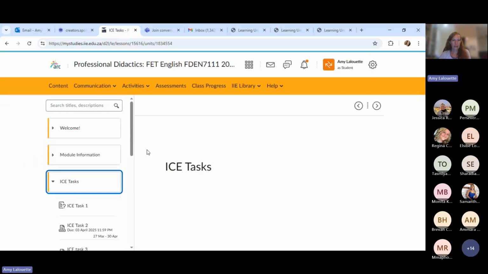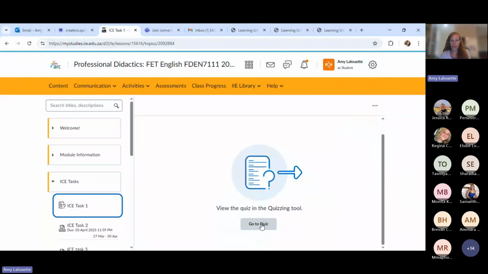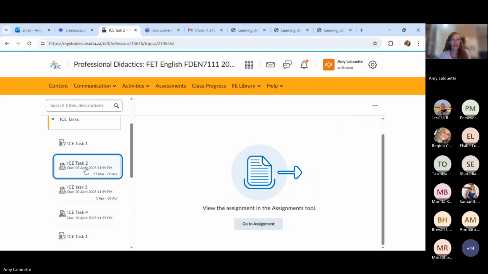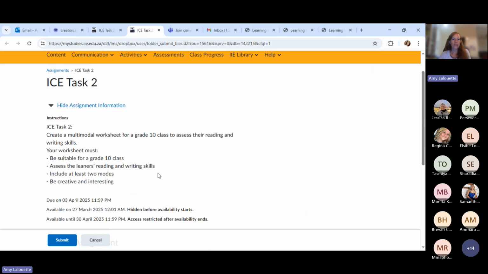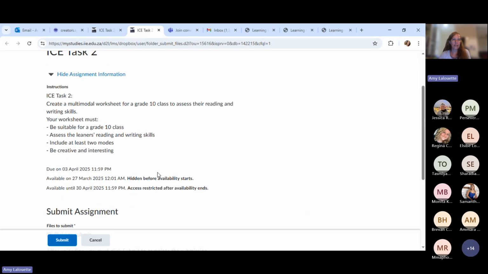Okay, so ask task 1, I think most of you have finished. It was the referencing quiz. Ask task 2, I think most of you have handed in. So with this one, this is the multimodal worksheet.